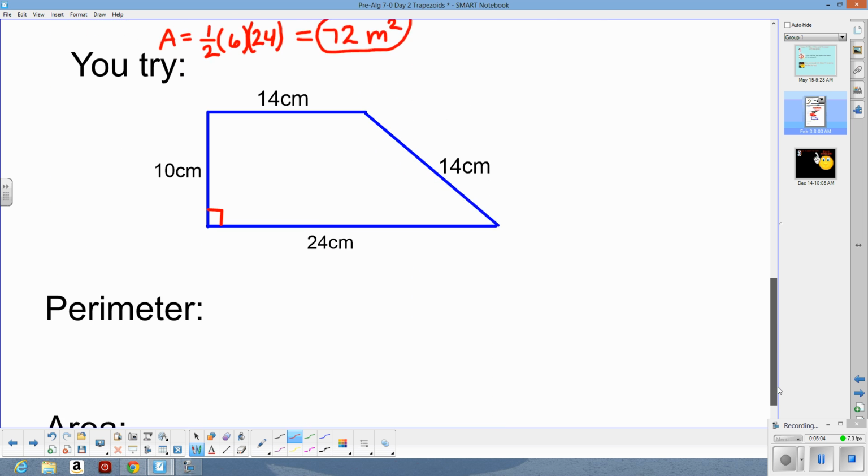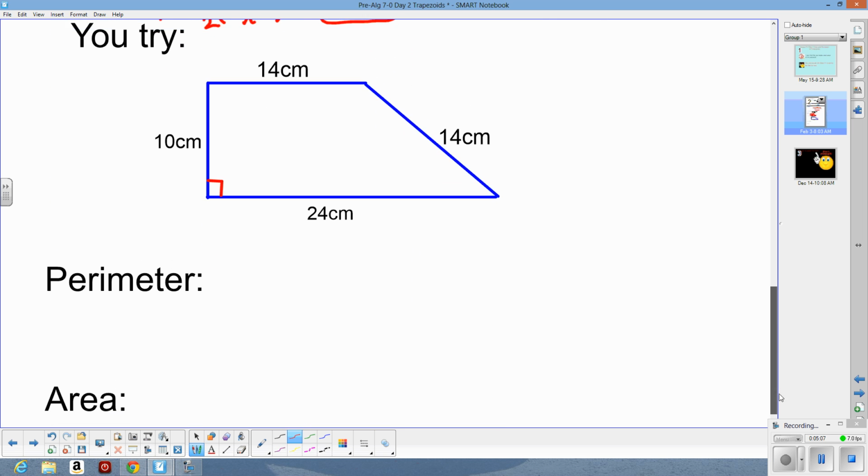Here's one more example. You can try this one on your own. The perimeter, remember, is going to be the sum of all the lengths of the sides added together. So let's go ahead and start in this upper corner. 14 plus 14 plus 24 plus 10.